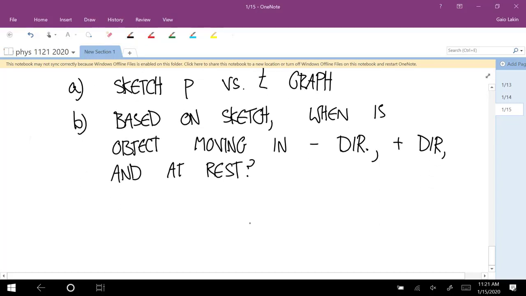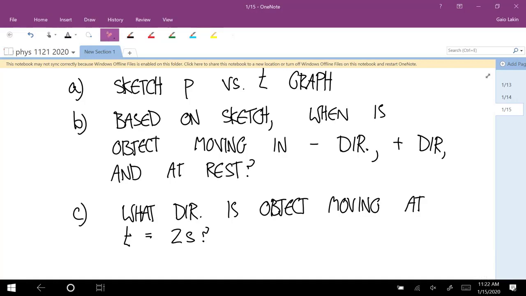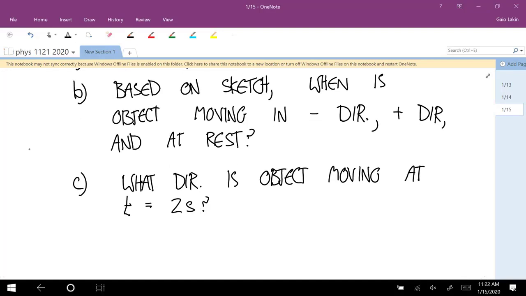And then we'll figure out what direction the object is moving at the instant t equals 2 seconds. And actually, might as well just calculate the velocity at that instant.